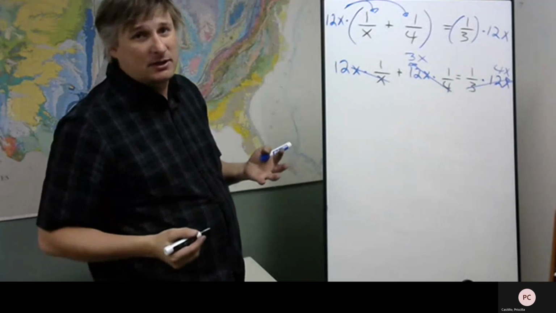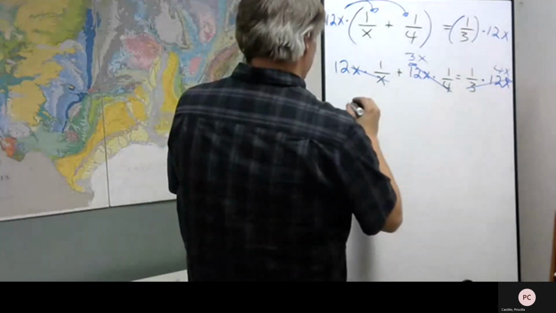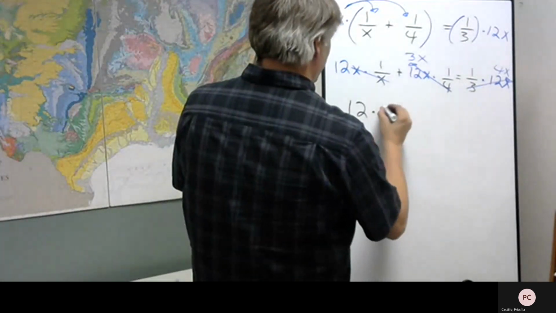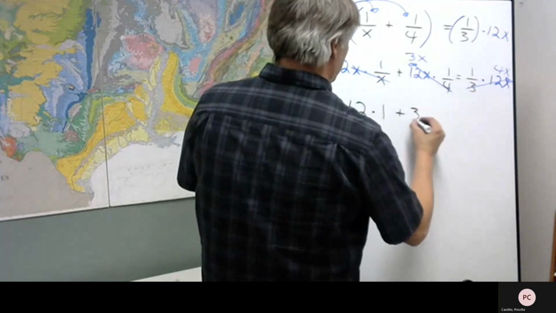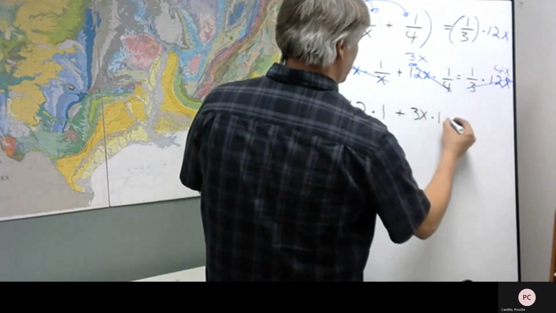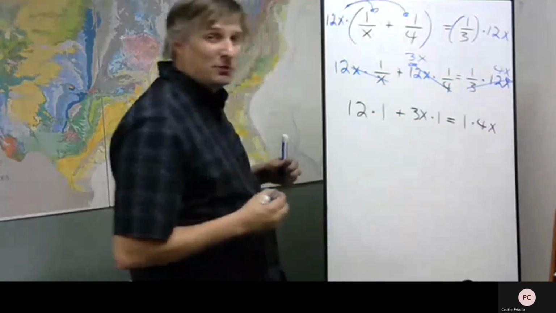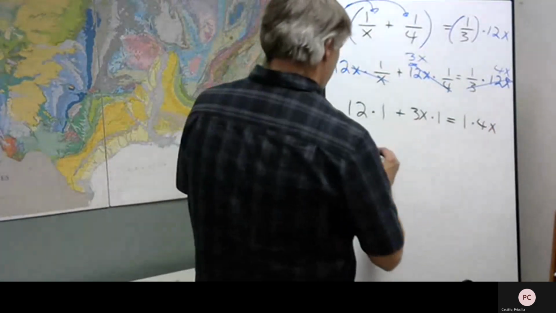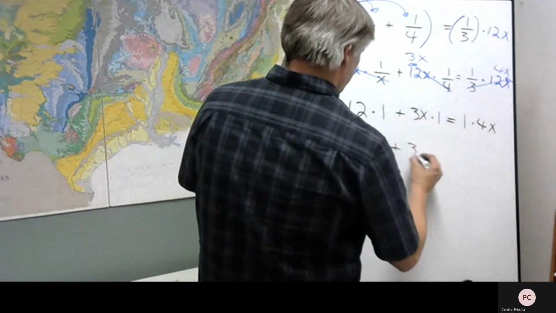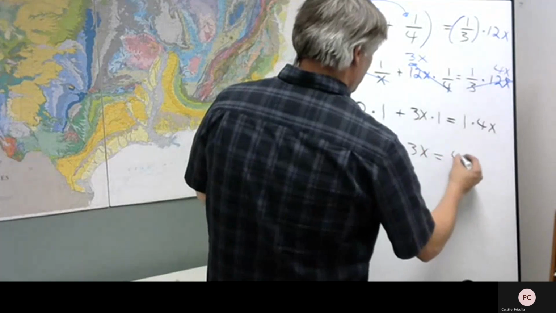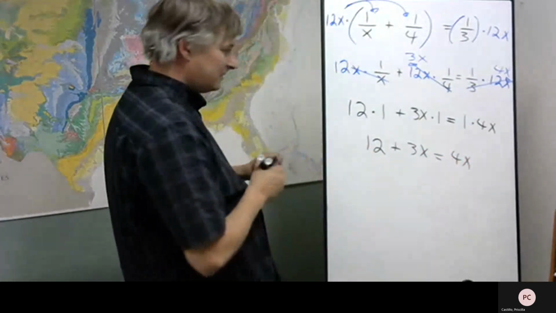So now we don't have those denominators. So you get 12 times 1 plus 3x times 1 equals 1 times 4x. And then 12 plus 3x equals 4x.